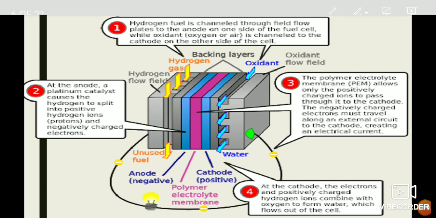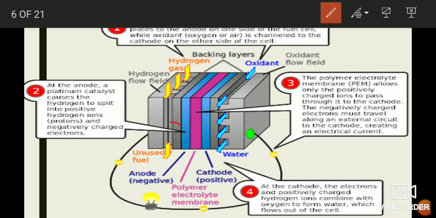Second, the most important part, the catalyst. At the anode, a platinum catalyst causes the hydrogen to split into positive hydrogen ions, protons, and negatively charged electrons.